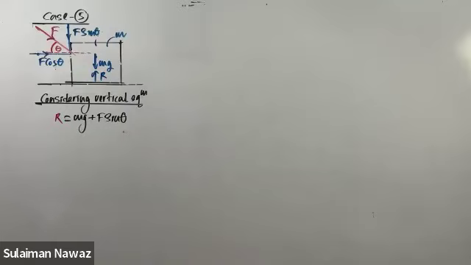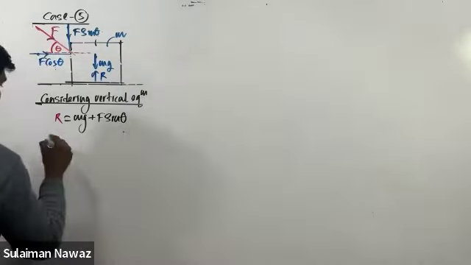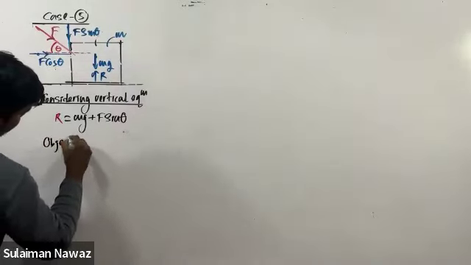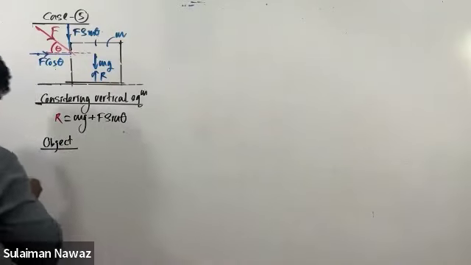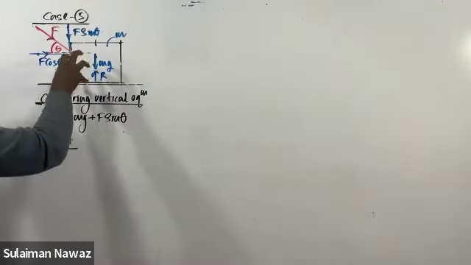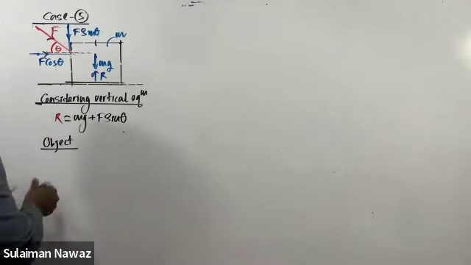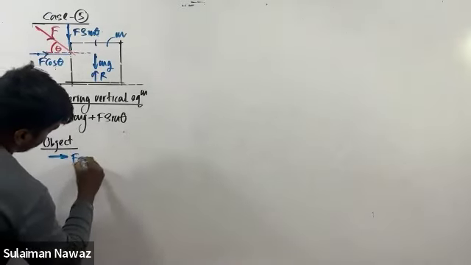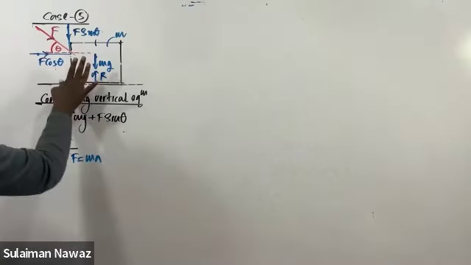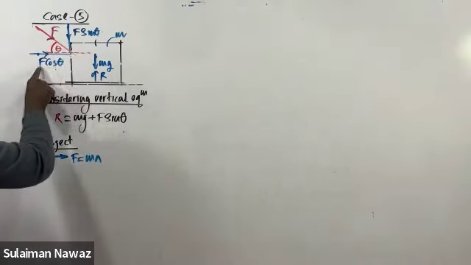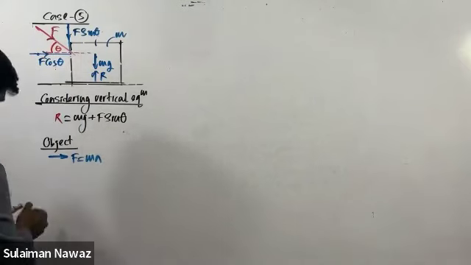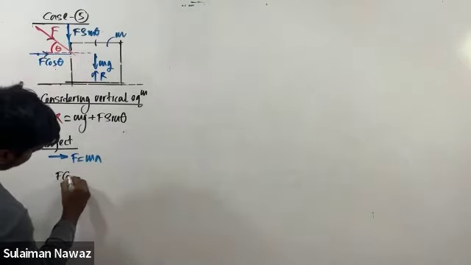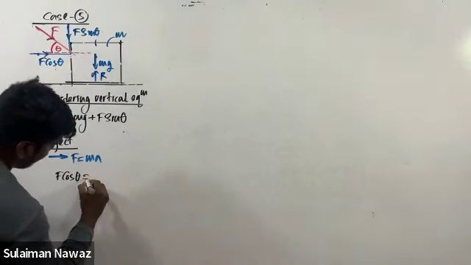Then, for the object, if I apply F equals ma in the direction of motion, the object is moving to the right side direction. The external force in the horizontal direction is F cos theta. Mass of the object, I say simply m.